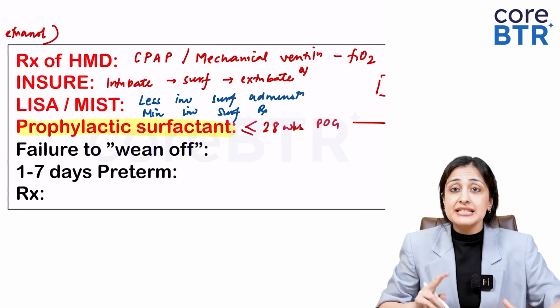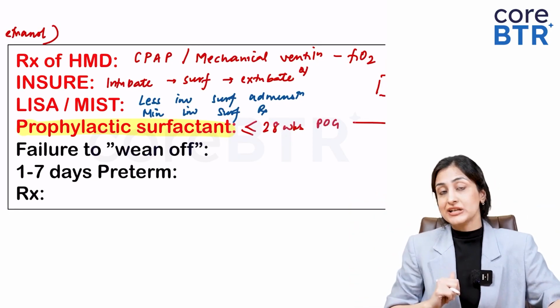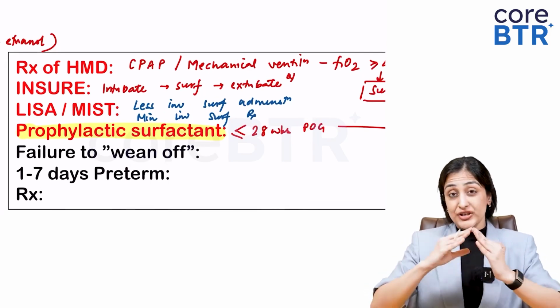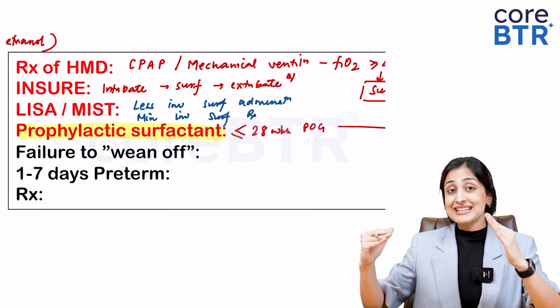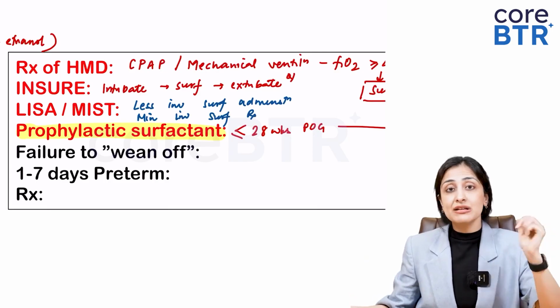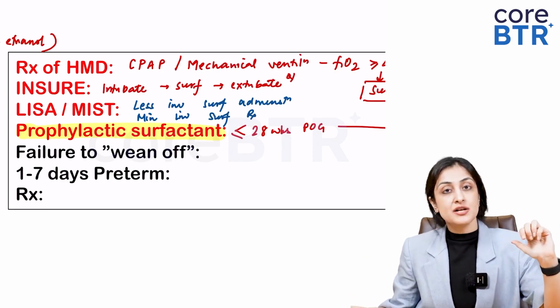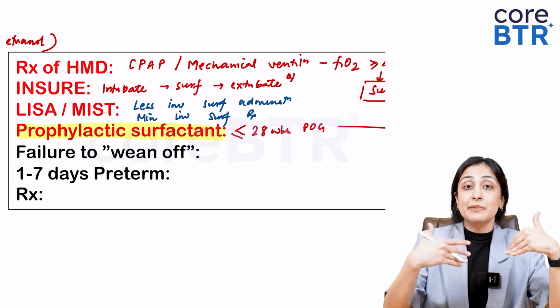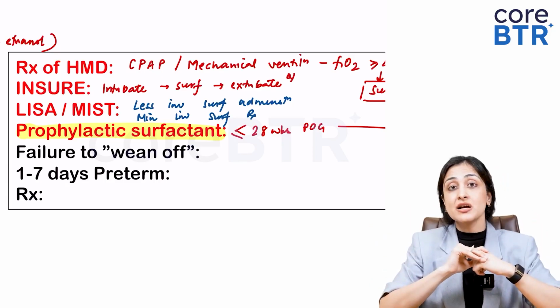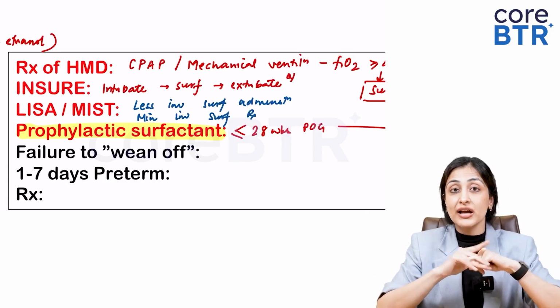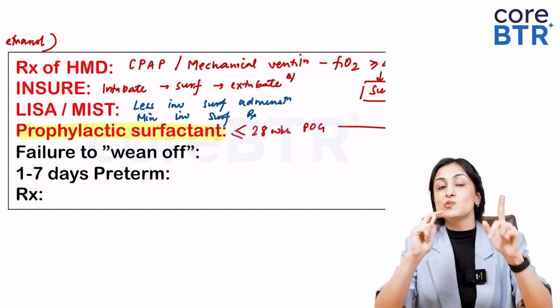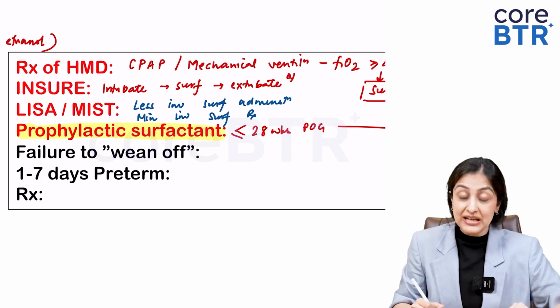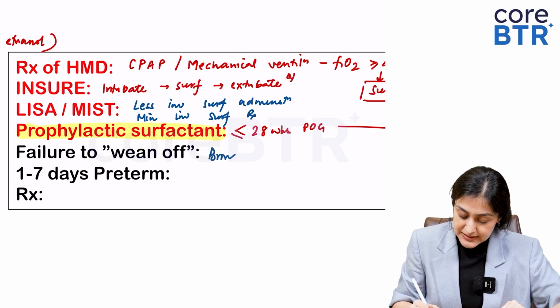Very, very important. Let's say there was a child on persistent ventilatory support. Traditionally, we will decrease the FiO2 over time and wean off the baby as the baby's lungs mature. But let's say the baby is not weaning off, the baby's lungs are now mature, POG cross ho gaya hai, but still not able to wean off. This is one of the signs where you have to suspect bronchopulmonary dysplasia.